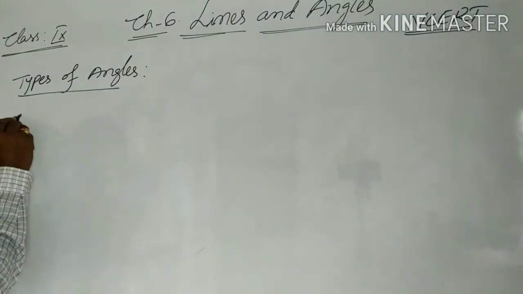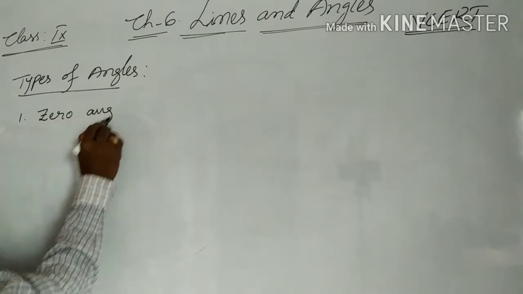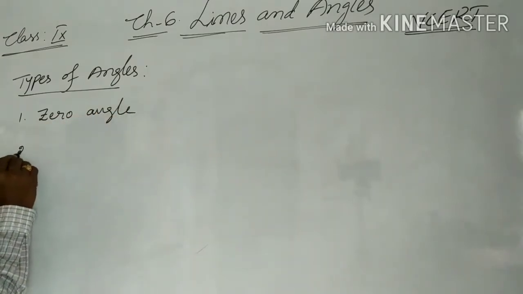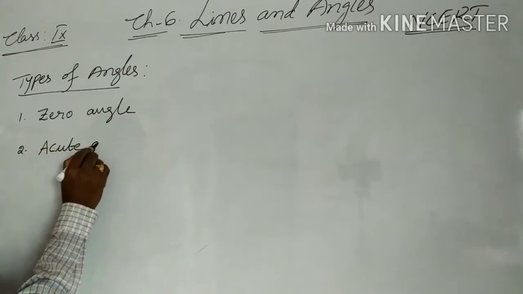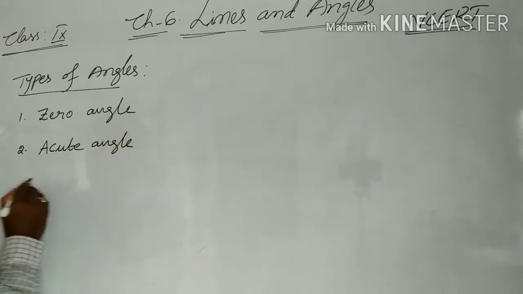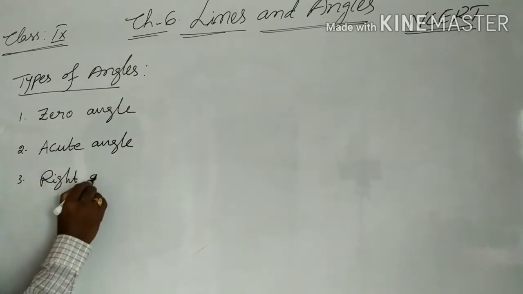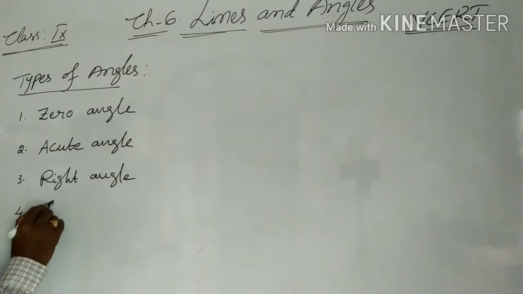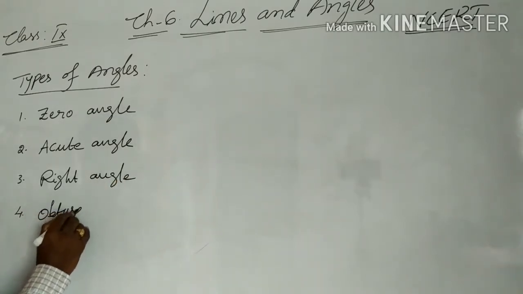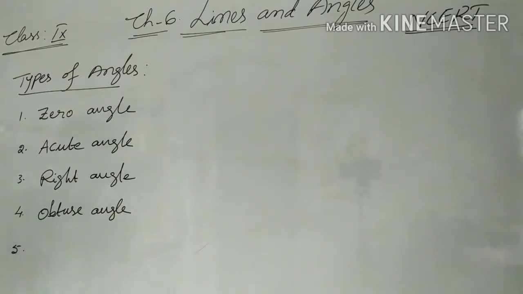First one is zero angle. Second one is acute angle. Third one, right angle. Fourth one, obtuse angle. Fifth one is straight angle.